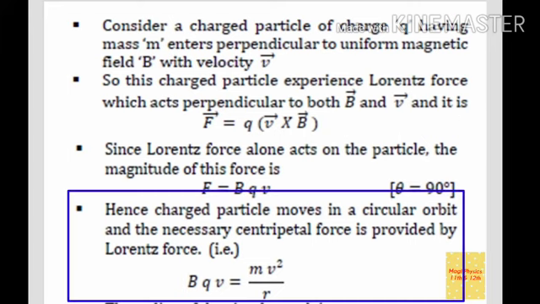Hence, the charged particle moves in a circular orbit and the necessary centripetal force is provided by the Lorentz force. So, this Lorentz magnetic force can be equated to the centripetal force, which can be written as BqV is equal to mv squared by r. Here mv squared by r indicates the centripetal force of the charged particle and BqV represents the Lorentz magnetic force.